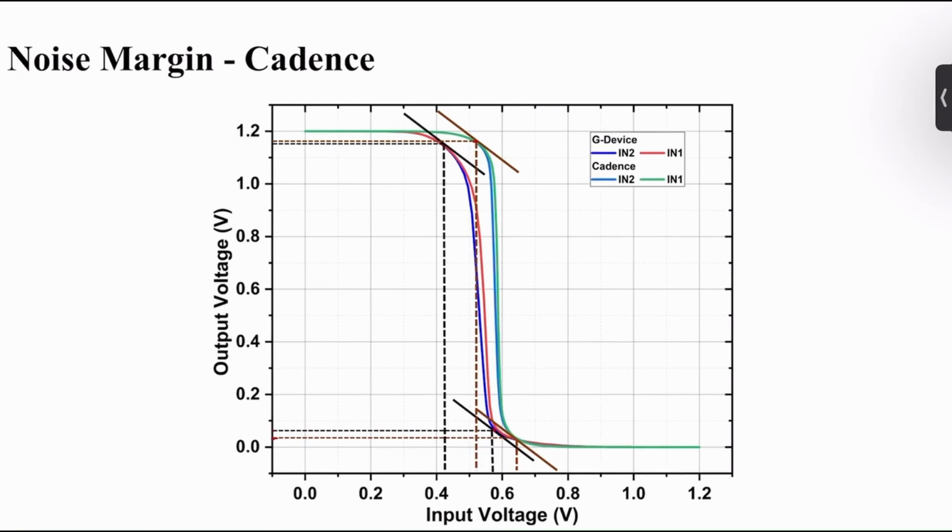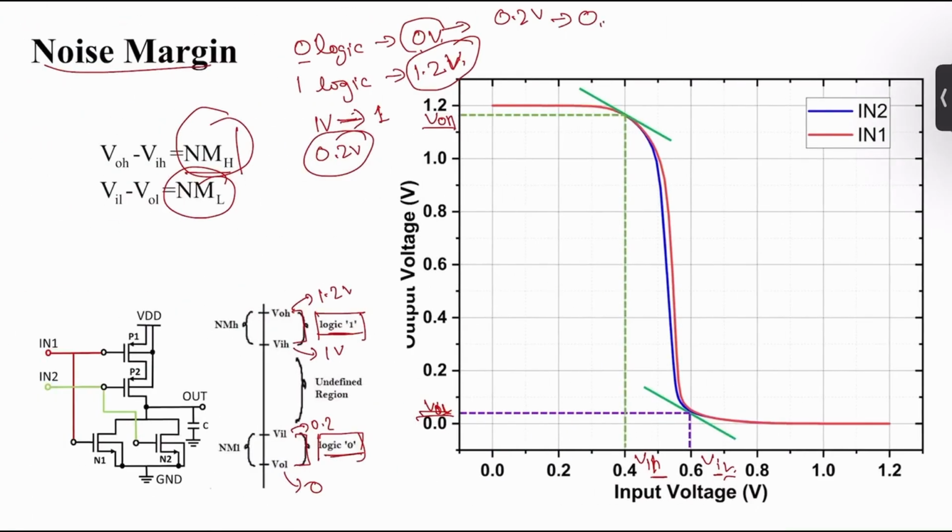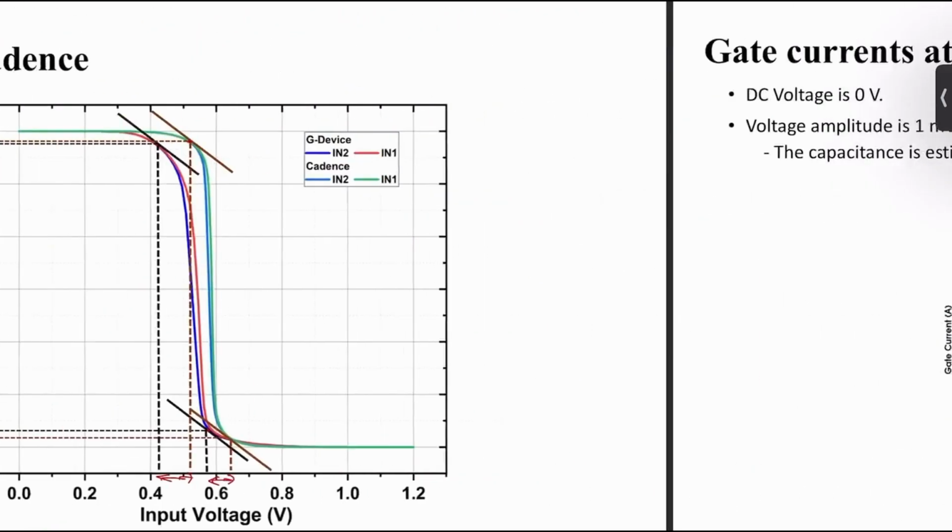The G device voltage transfer curve lags a little compared with the Cadence one. I think noise margin is almost the same for both cases. There is only a little difference between VIL and VIH, but NMH and NML are approximately similar.